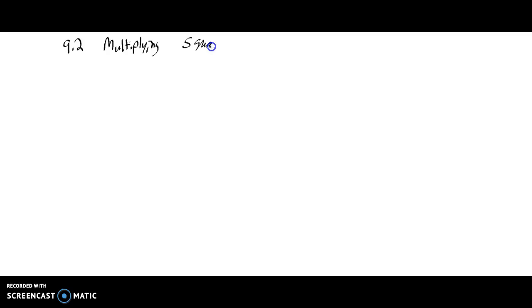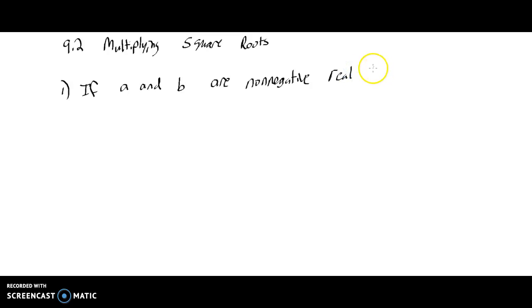So when we start talking about multiplying square roots, is where we need to remember a couple of our key rules. Number one is that if A and B are non-negative real numbers, then I can take the square root of A times the square root of B, and I can put that all underneath one radical sign.